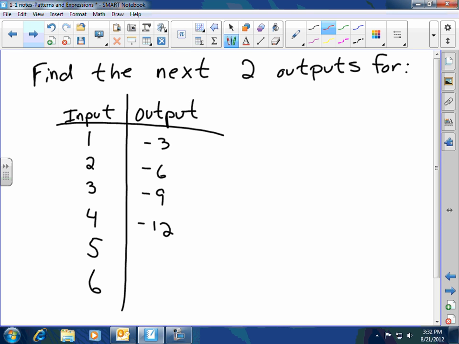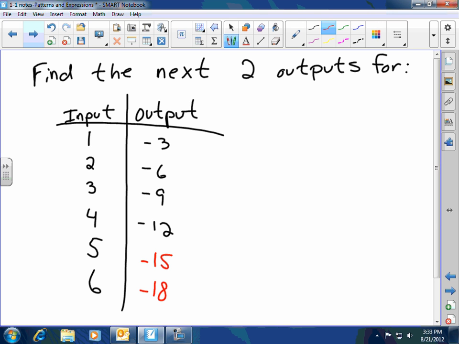I am going from 1 to -3, 2 to -6, 3 to -9, 4 to -12. It's pretty simple here. I'm multiplying by -3 each time. So when my input is 5 in this table, I'm going to have -15 because 5 times -3 is -15. 6 times -3 is -18.